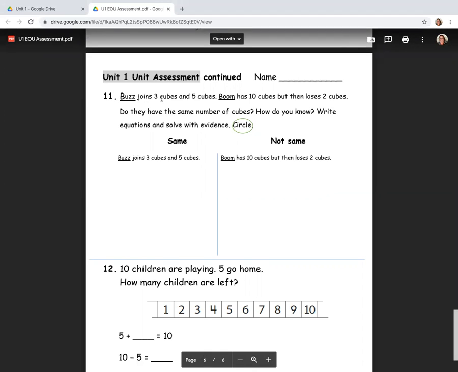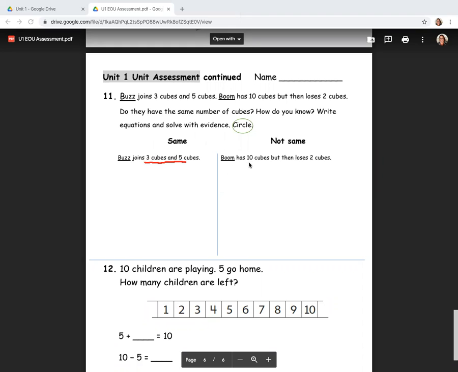Buzz joins 3 cubes and 5 cubes. Here is where you're going to draw. So you need to write an equation and draw a picture to tell me how many cubes Buzz has altogether.